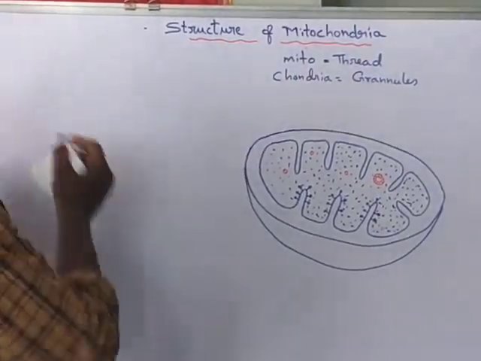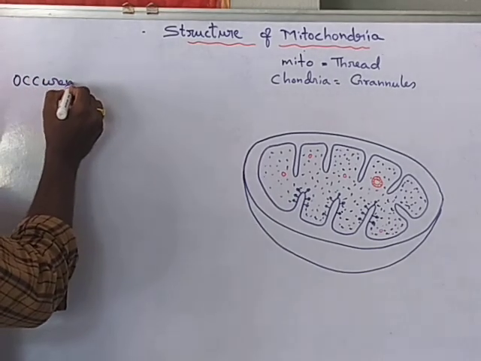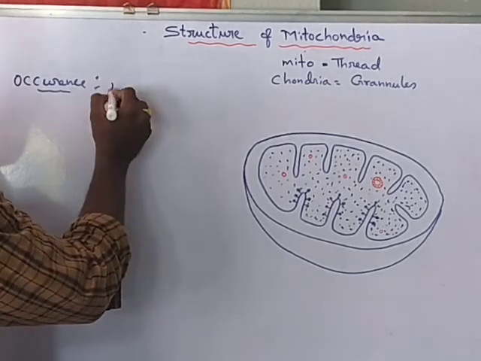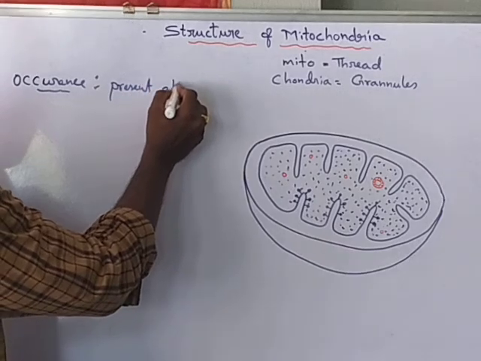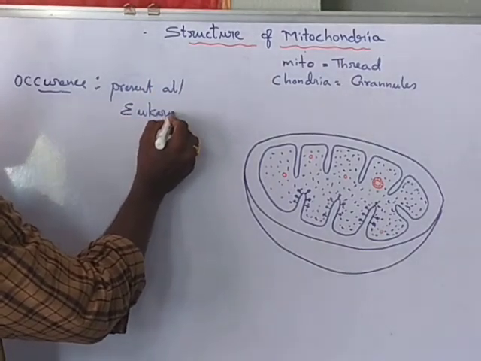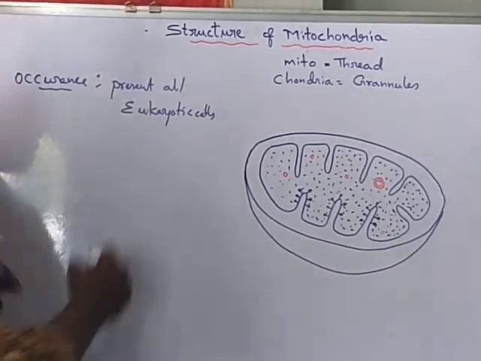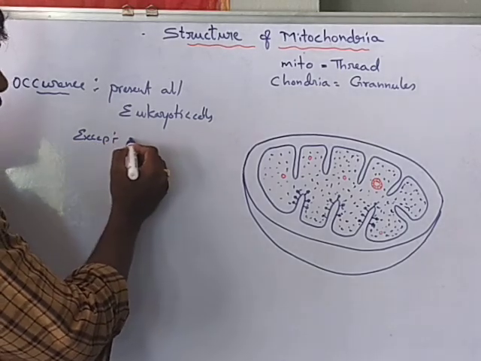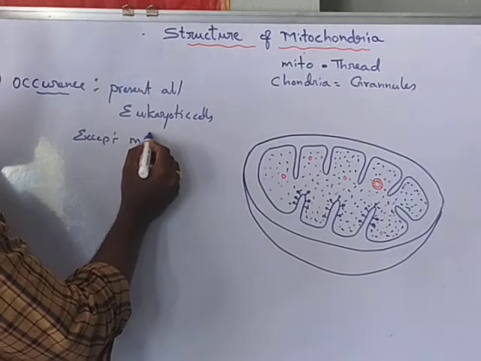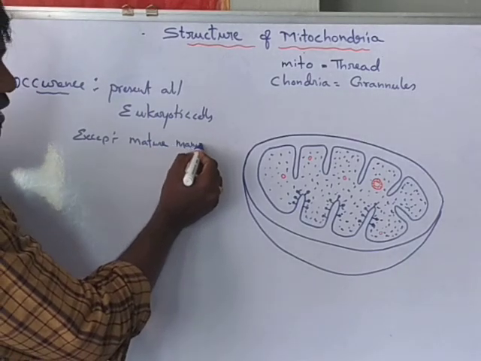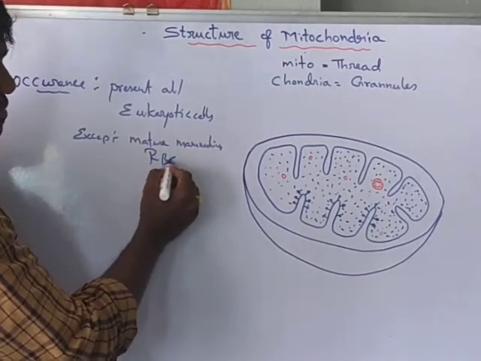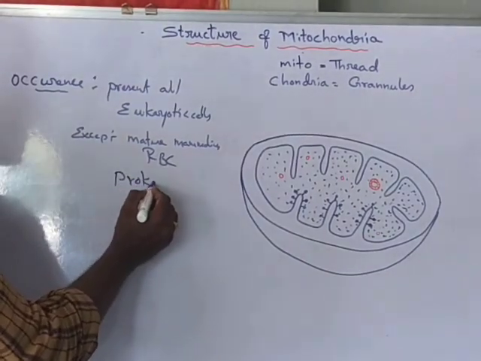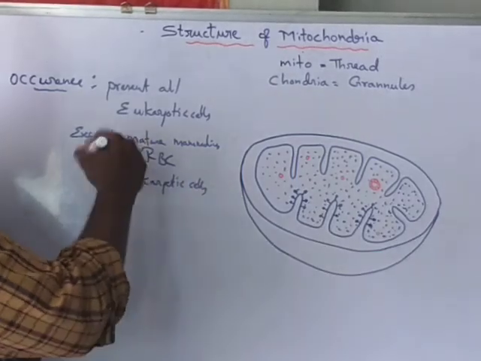Mitochondria is present in all eukaryotic cells, except mature mammalian RBCs. It is also absent in prokaryotic cells. So this is the exception.